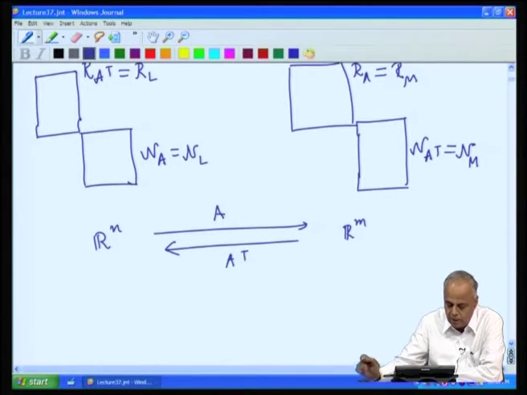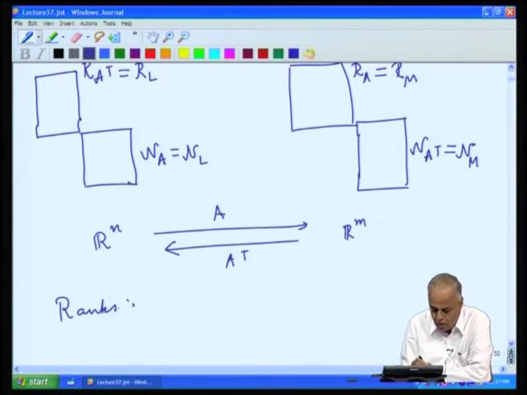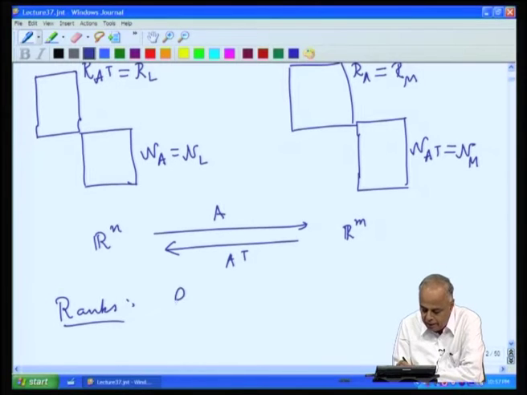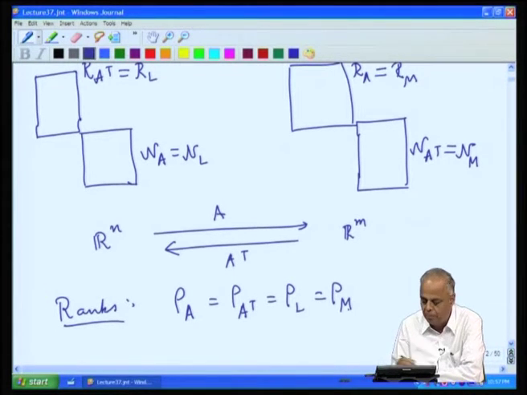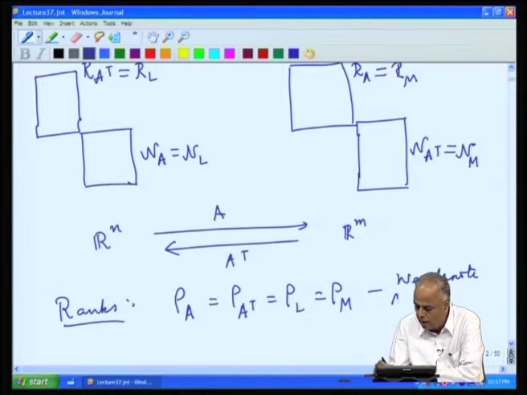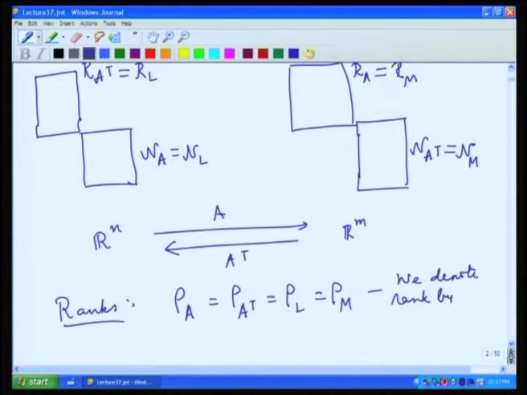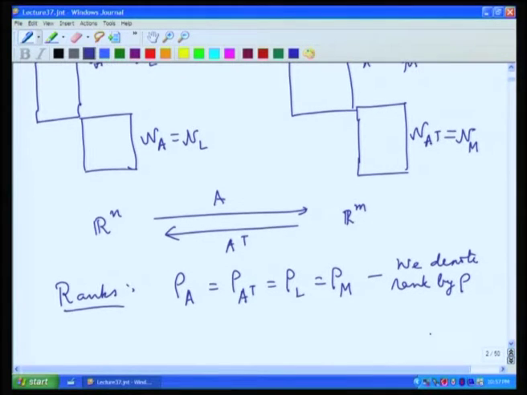So, using this idea, we found that the ranks of all these matrices are connected. The rank of A is the same as the rank of A transpose, the same as the rank of L, the same as the rank of M. From now on we denote the rank by rho, since all these are equal.